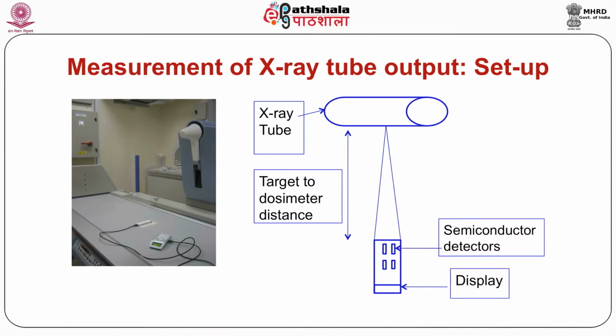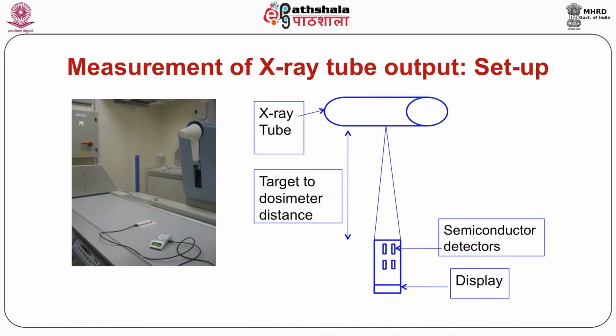For the measurement of X-ray tube output, a suitable dosimeter is placed in air on the central axis of the X-ray beam and sufficiently high above the table top to minimize the contribution of backscatter radiation. Alternatively, a solid state dosimeter with shielding from backscatter may be placed on the patient table or floor for the measurement of X-ray tube output.